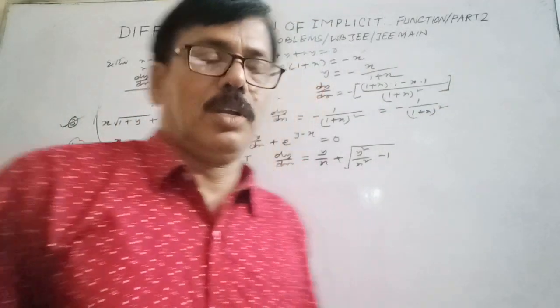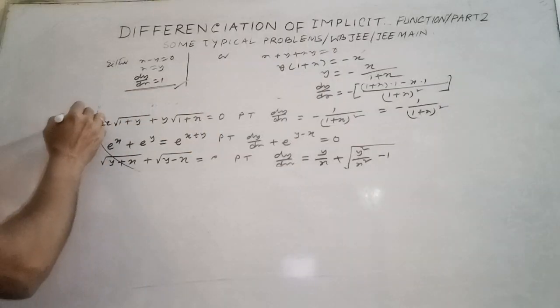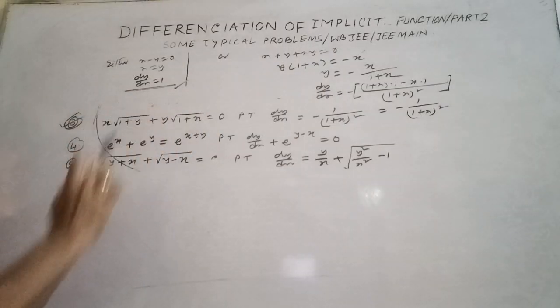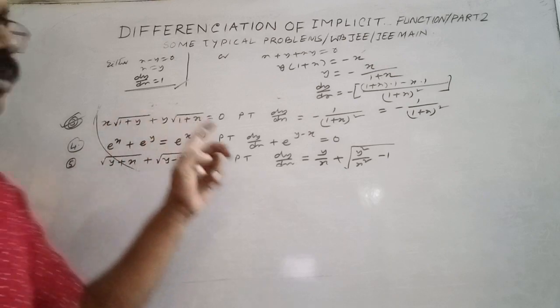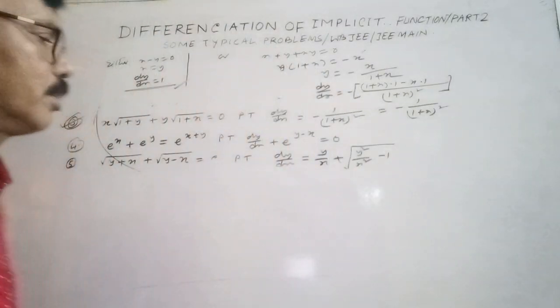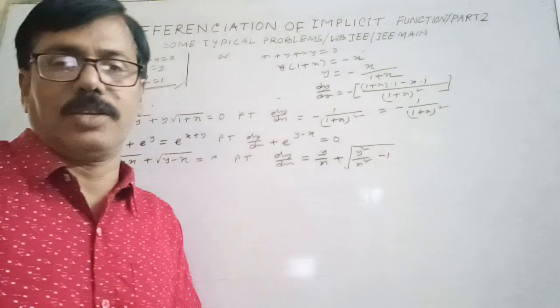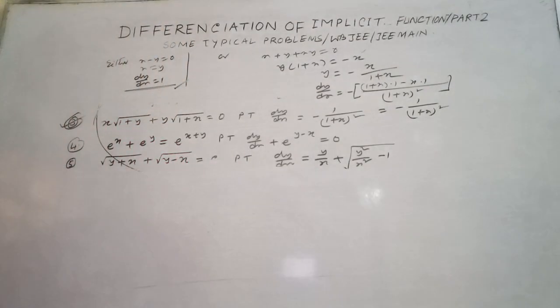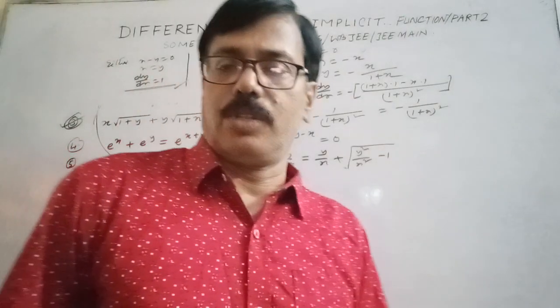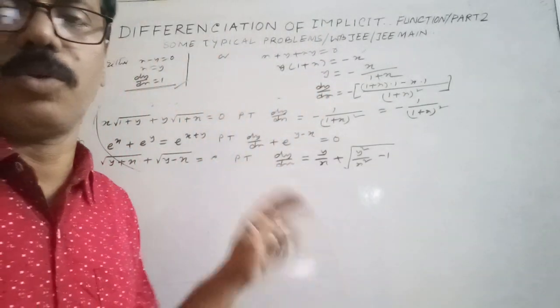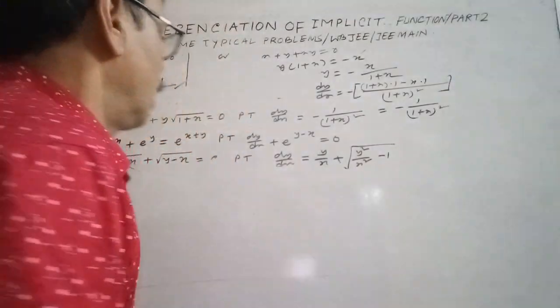So this is a typical problem, no trigonometric transformation. So square both sides, transfer all terms to the left hand side and factorize. Then consider y and take the derivative. So this is also most important for competitive exams.